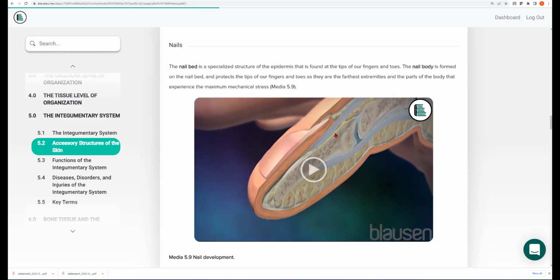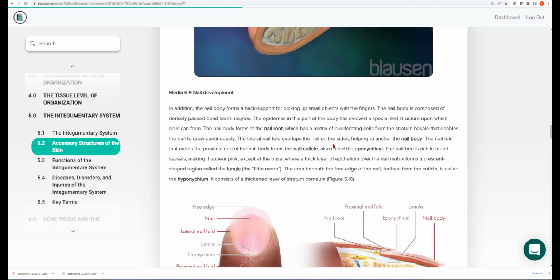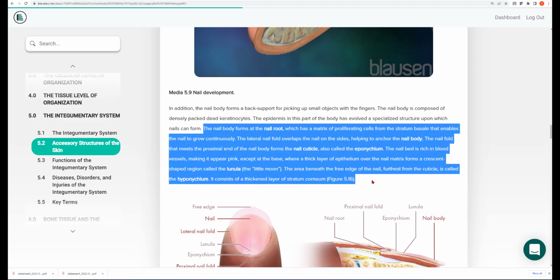Nails, another accessory structure of the integumentary system. We know we find this at the tips of our fingers, the tips of our toes. There's only a couple of things that I want you to know about nails, and do not worry about these structures. I'm not going to worry about any of these structures of the nail.